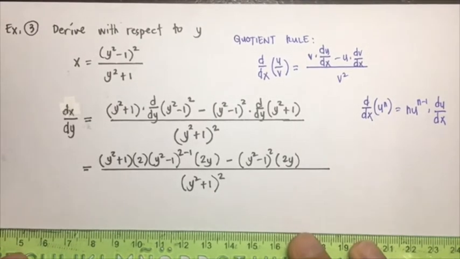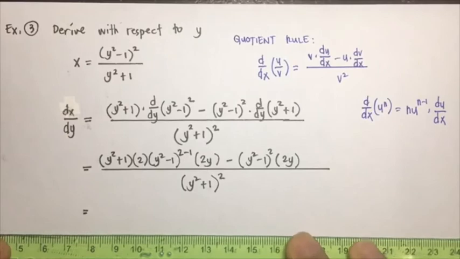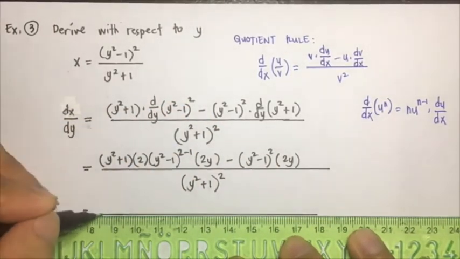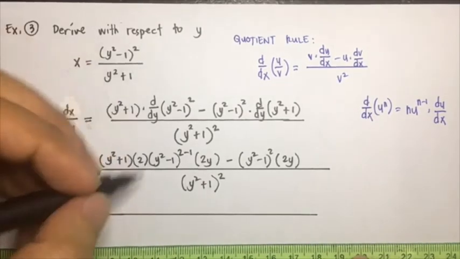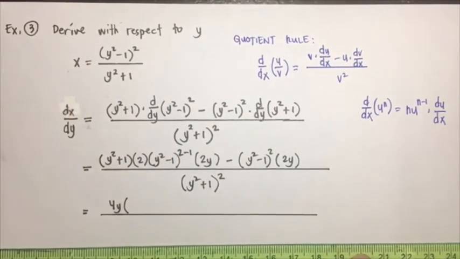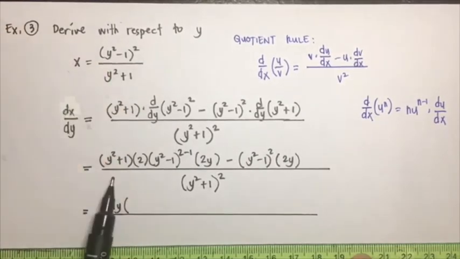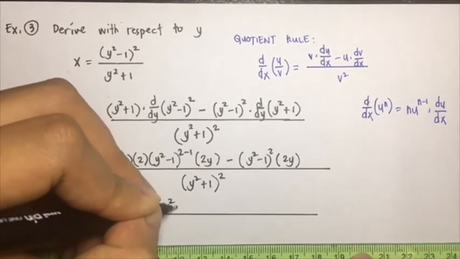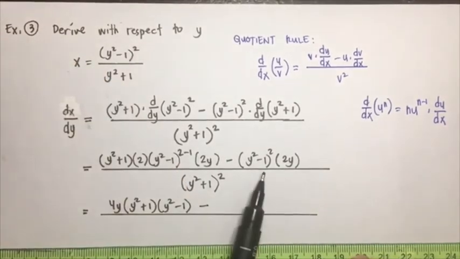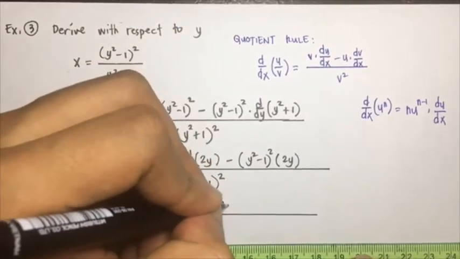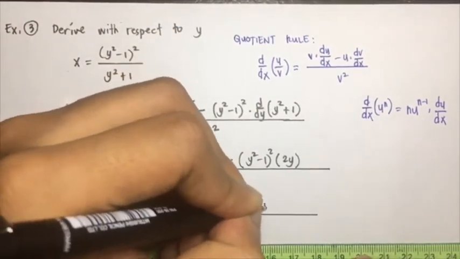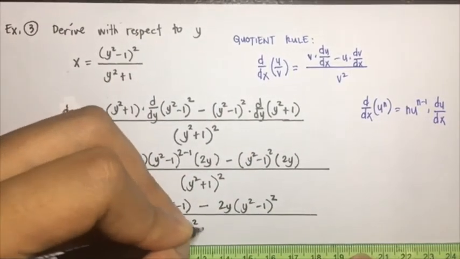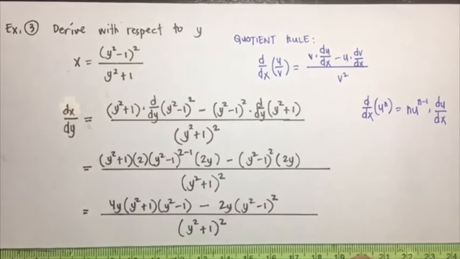Next we simplify, so we will have 2y times 2, that is 4y, times y squared plus 1 and y squared minus 1, minus 2y times y squared minus 1 squared over y squared plus 1 squared.